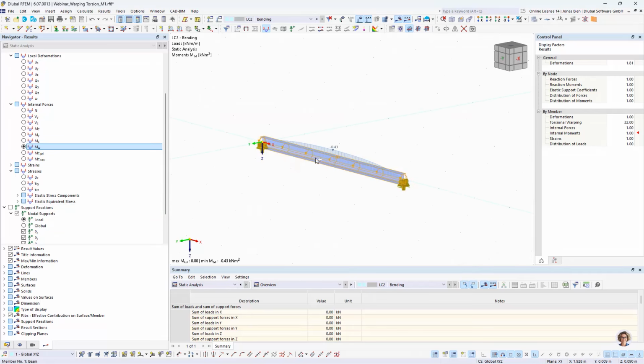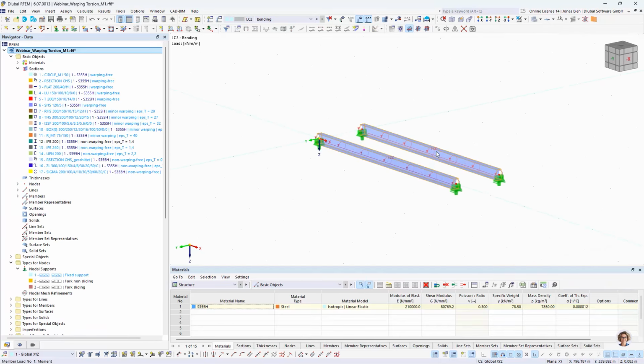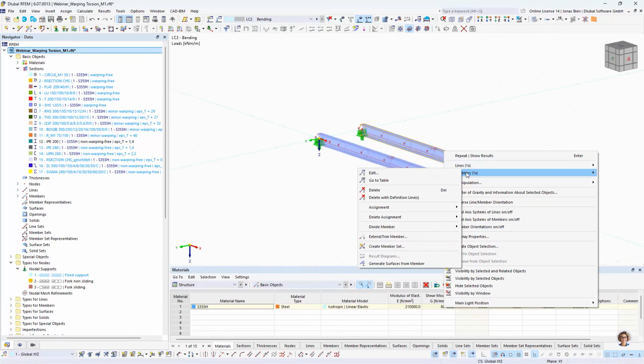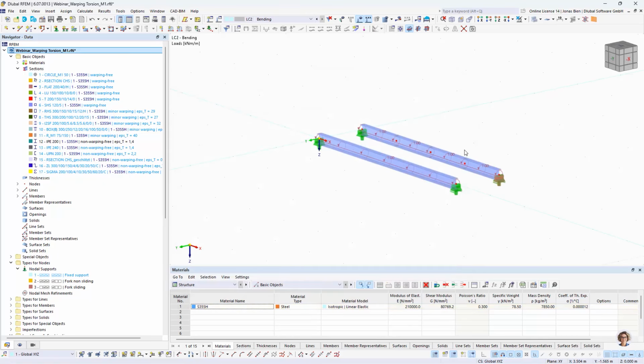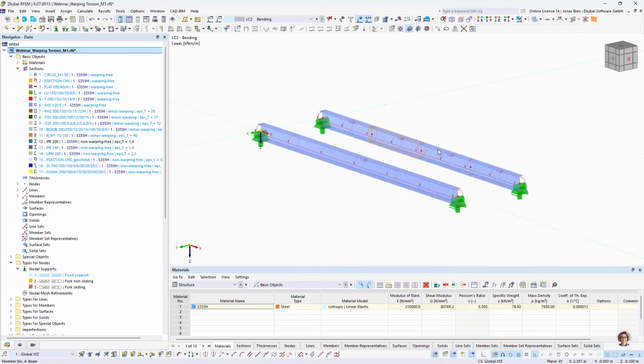So what happens actually if we take this member and split it, let's say, 3 times, or 4 times. Let's introduce 3 intermediate nodes, which results in 4 members now that are equally loaded as before, but we just have an additional node here.